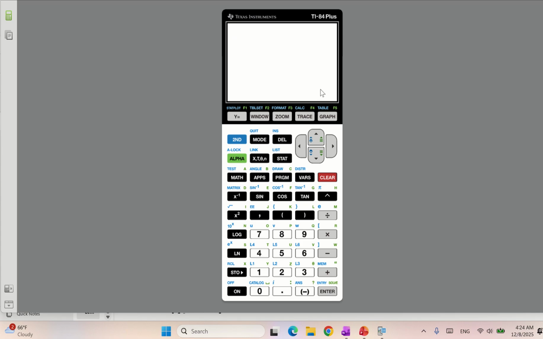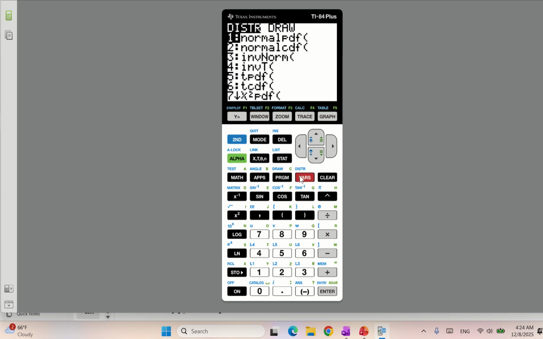Now I'll show you how to do this on the calculator. This will make the video take longer, but it's just a review because we did this in chapter 2. Go to second vars, then normal CDF, and enter the lower and upper values.